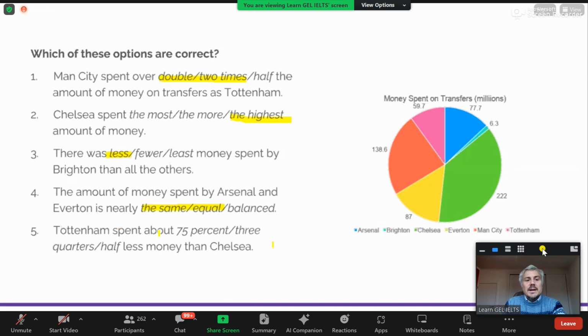Finally, number 5. Tottenham spent about 75%, three quarters, or half less money than Chelsea. What is the best word to finish this sentence?